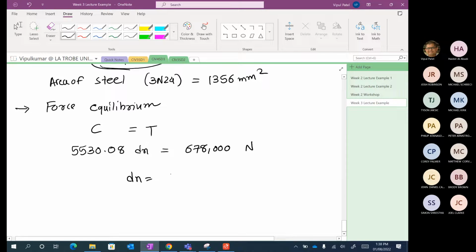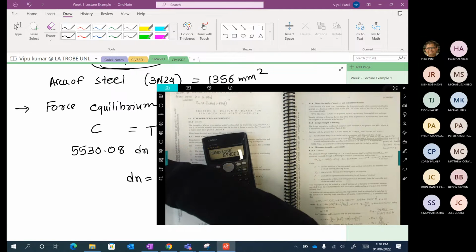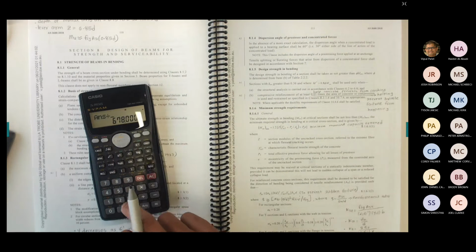So Dn equals 678,000 divided by 5530.08. You get 122.6 millimeters for Dn.